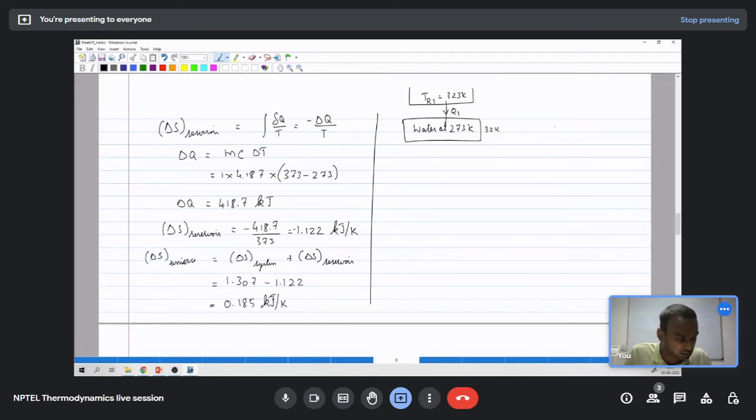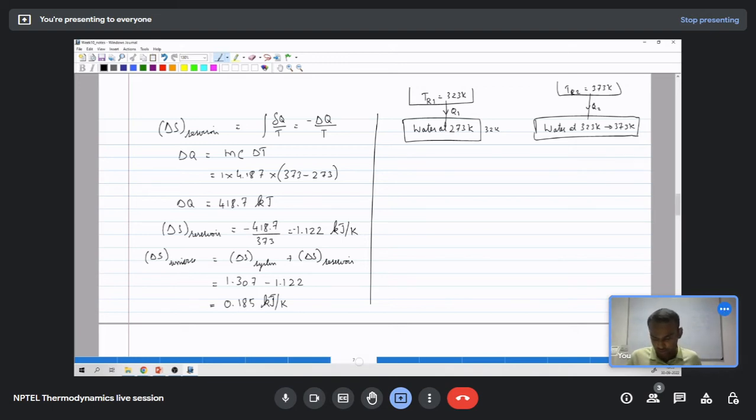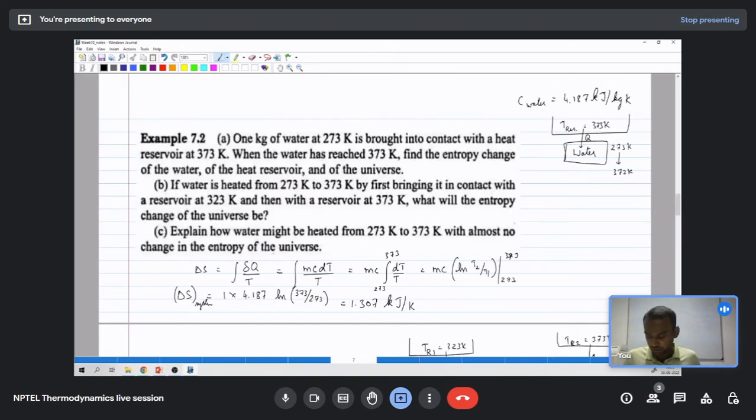Next, we had a second thermal reservoir T2 at 373 Kelvin, and this transferred heat Q2 to the water system and heated the water system from 323 Kelvin to 373 Kelvin. So now we can calculate what is the entropy change of the universe.